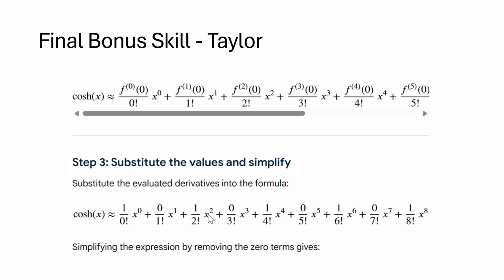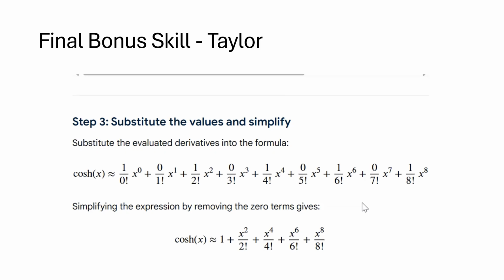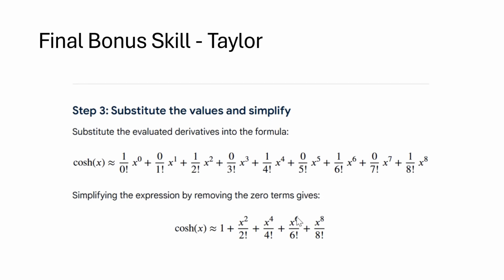So all of your even ones get to stay, and all of your odd ones have to go away. And then you end up with this lovely thing right here. I told it to only go this far, so there should be a plus dot dot dot if it was the infinite series. But that's where it comes from.